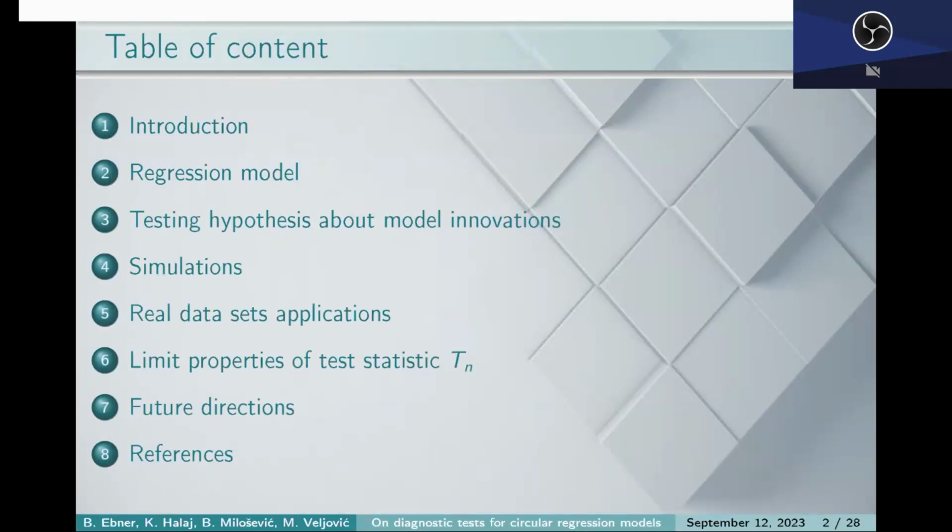In the second chapter, we will define the regression model, which we will use, and we will also see some properties of that model. Chapter 3 consists of testing hypotheses about the distribution of model innovations. In sections 4 and 5, we will see some results for simulations and real data set applications. And after that, I will mention the subject of our current work and also some possible directions for future work.